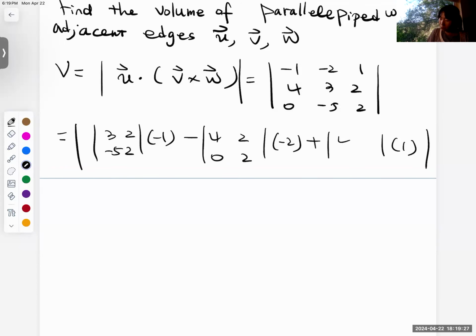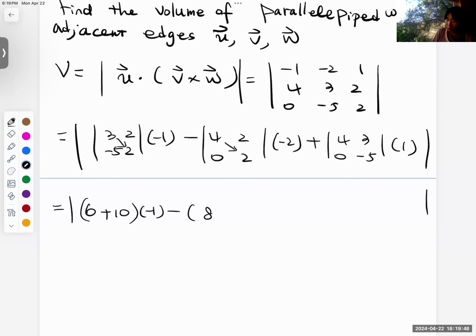And 1, 4, 3, 0, -5, right? I hope I don't make a mistake. Okay, so absolute value of the whole thing. So we have 6 minus plus 10 with a negative, right? And then 8 times -2 plus -20, and 1 doesn't do anything.